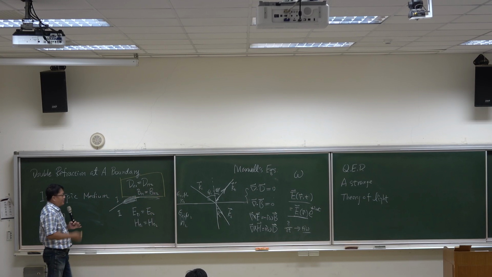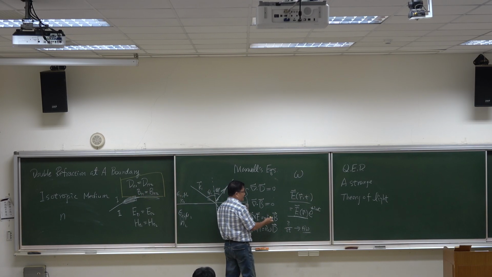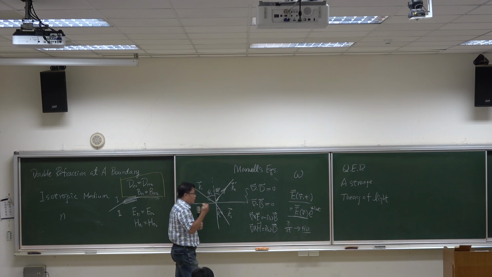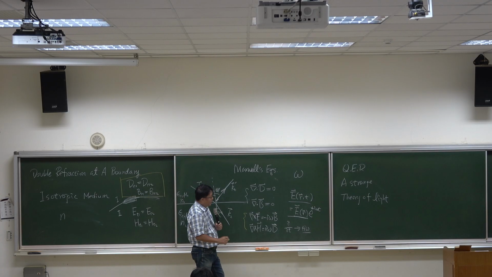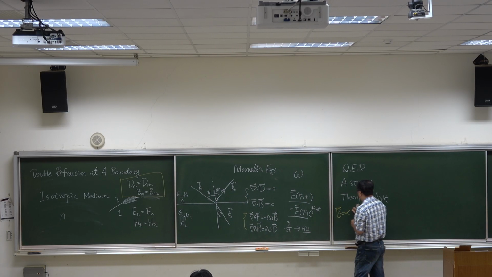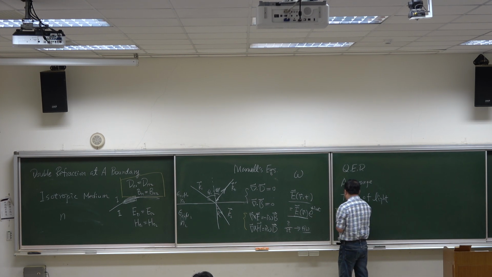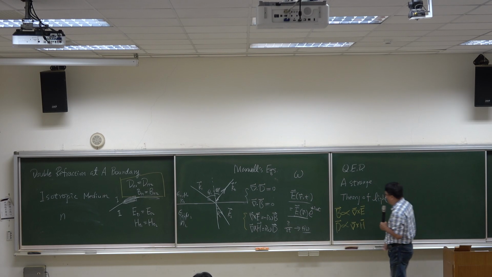That's because when we have a non-zero frequency and we consider a monochromatic wave, from this result we know that B is proportional to curl E, and D is proportional to curl H. According to vector analysis, the divergence of a curl is equal to 0.